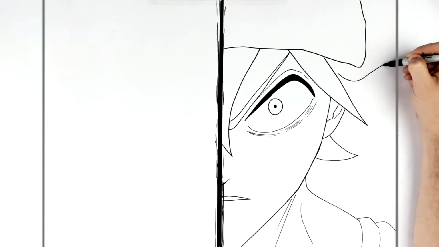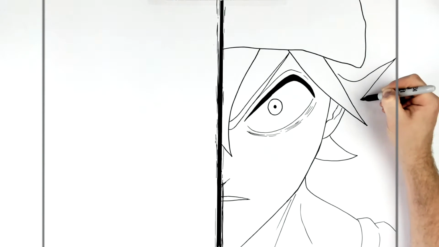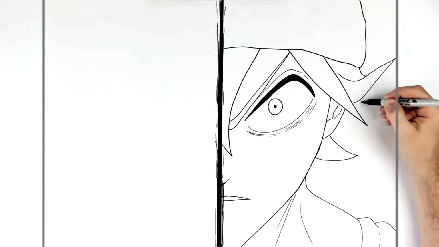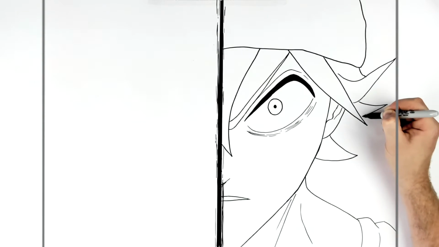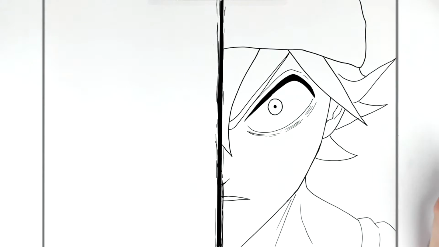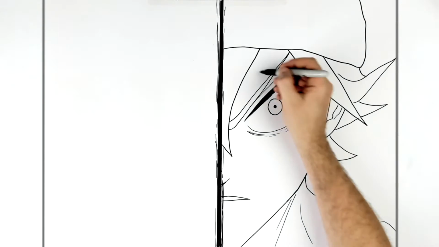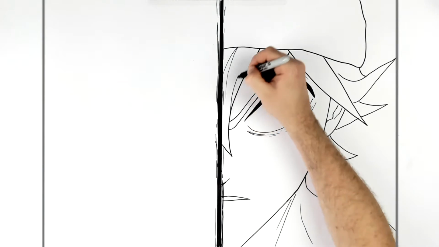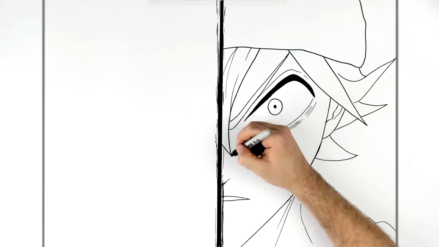A spike that goes up this way. And then underneath his headband there, and then this sticks out back that way. And then texture lines on the hair.